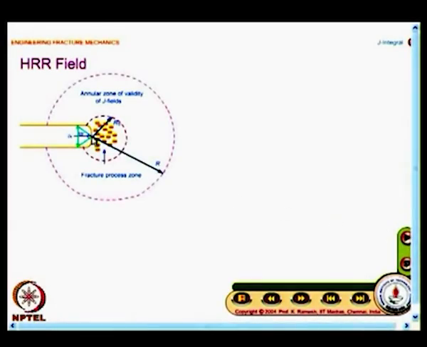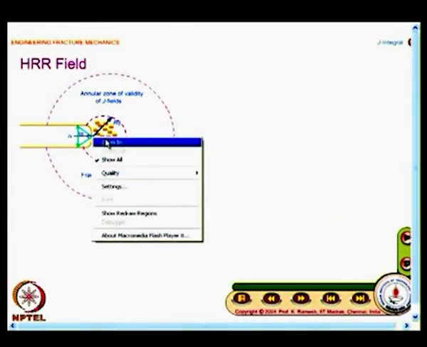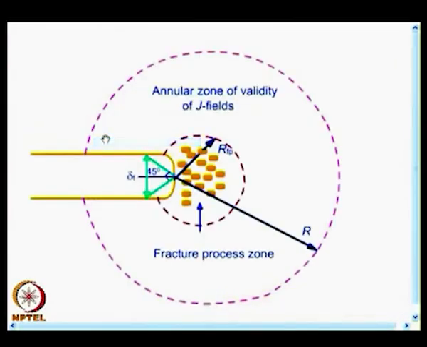When you are talking about EPFM, the concepts related to J and CTOD will go hand in hand, and what you have here is a blunted crack tip shown in very large magnification. Immediately next to the crack tip is a zone where we have very little knowledge, which is labeled as the fracture process zone.